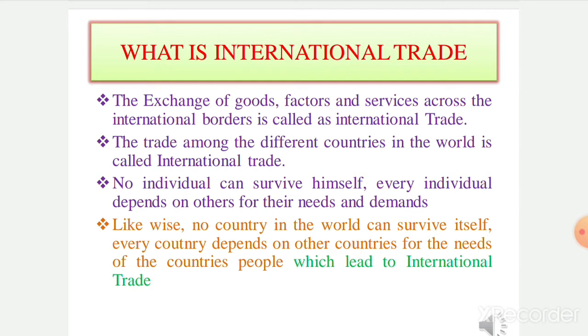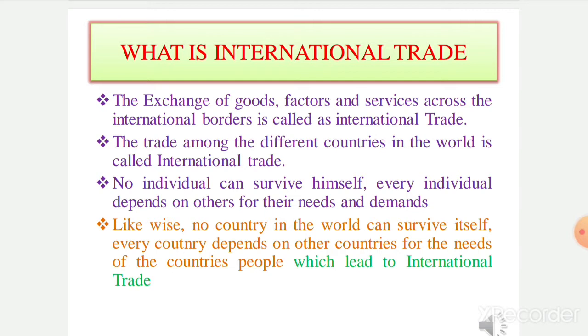No individual can survive by himself. Every individual depends on others for their needs and demands. Likewise, no country in the world can survive by itself.